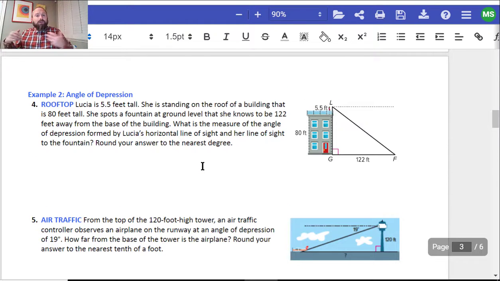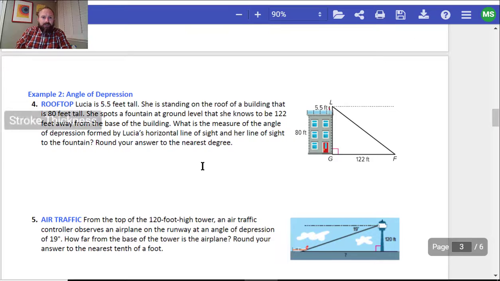So now we're going to talk about the angle of depression. So with an angle of depression, we see this. It says, she is standing on the roof of a building that's 80 feet tall. She's 5.5 feet tall. She spots a fountain on the ground, and she knows it's 122 feet away.